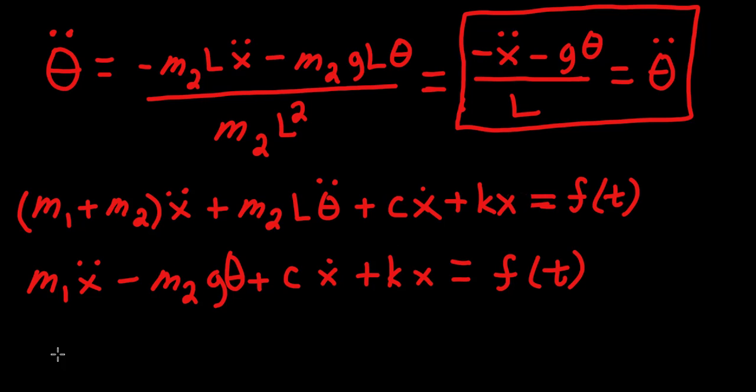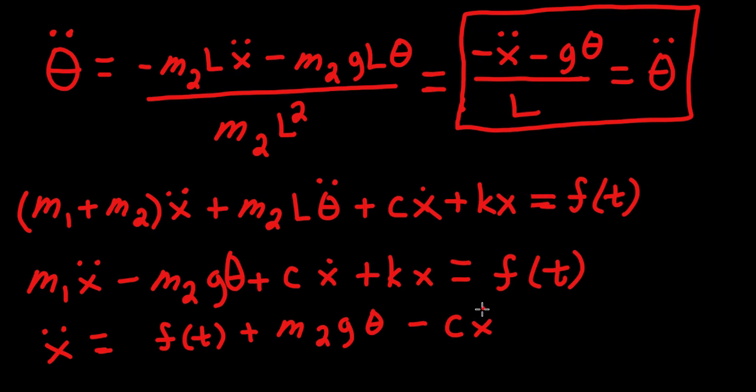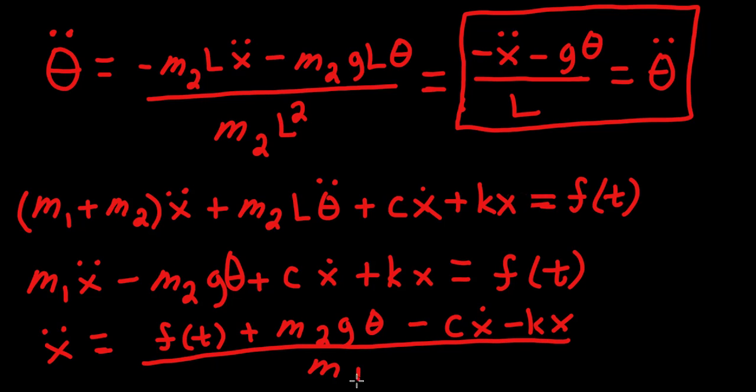Now after that, we'll want to get x double dot in terms of the lower order terms, so let's solve for x double dot. That's going to give us f of t plus m2 g theta minus c x dot minus kx, all over m1, all over mass 1.